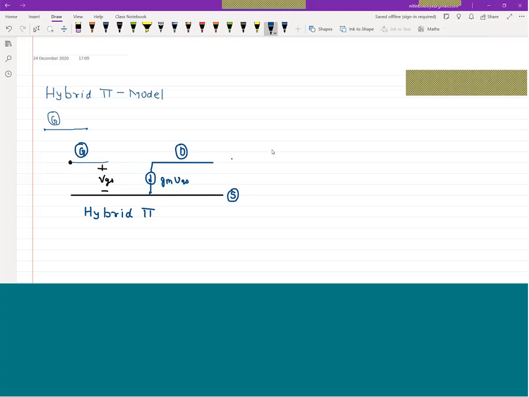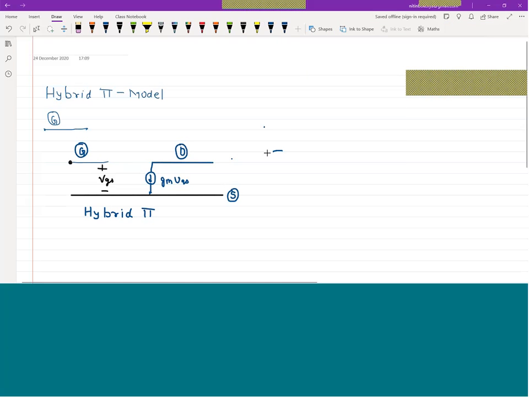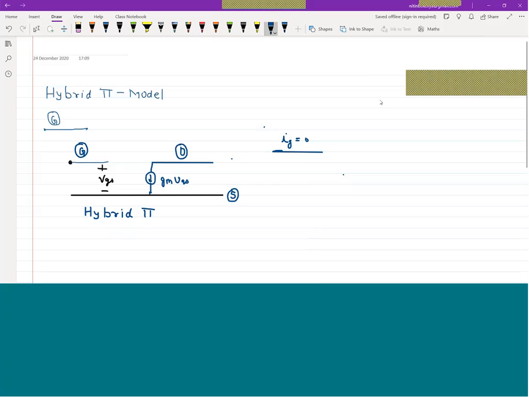One more model we are having for this discussion is known as the T model. So the first terminal is the gate terminal, and the gate terminal has zero current. Then we have one more terminal.